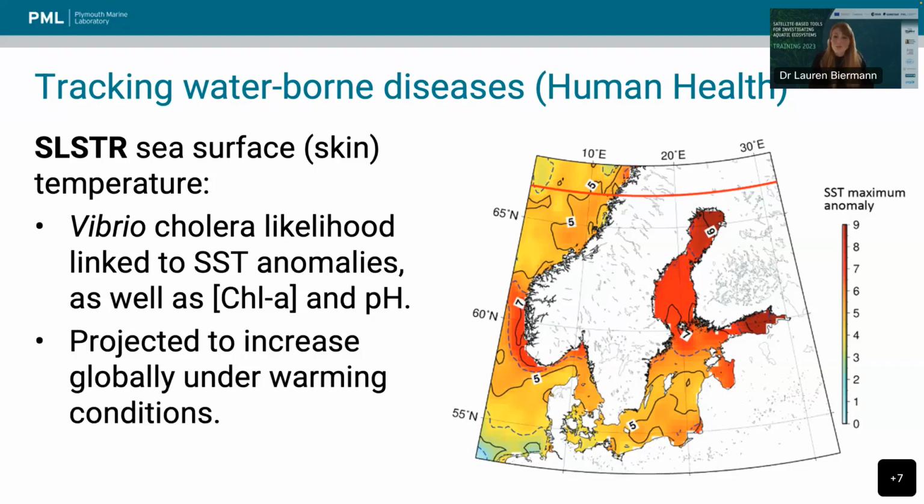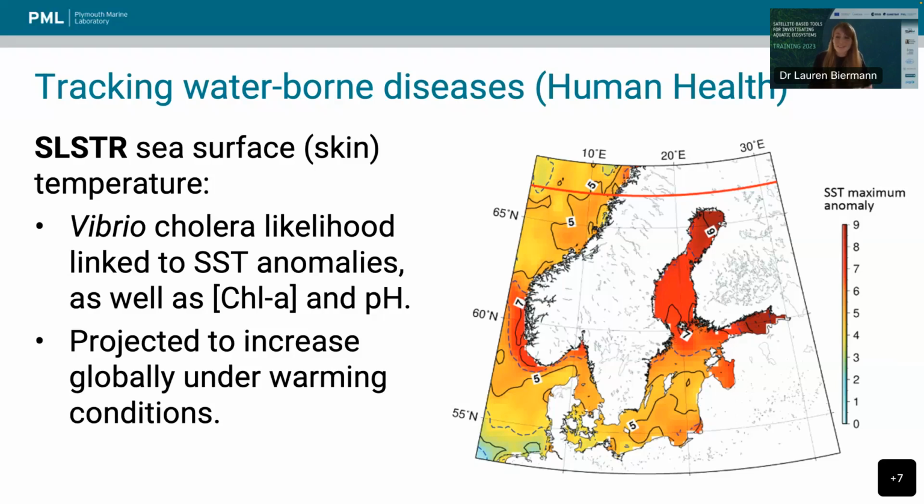But I've put up the ones that are relevant to the modules that you're going to be following on from this talk, which is, for example, human health, like tracking waterborne diseases. By taking the temperature of the skin of the sea, we're able to start to assess and look for sea surface temperature anomalies in conjunction with chlorophyll A and pH to assess risk of cholera outbreaks along coastlines.